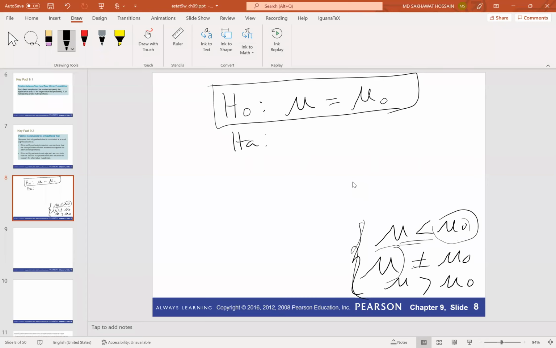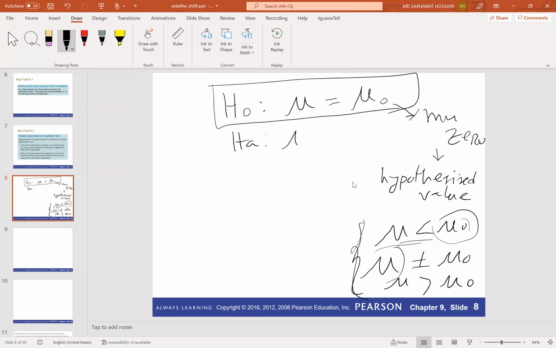The null hypothesis is always equal, mu is equal to the fixed value, called mu0, which is also called the hypothesized value. It could be 0 or it could be some other value.